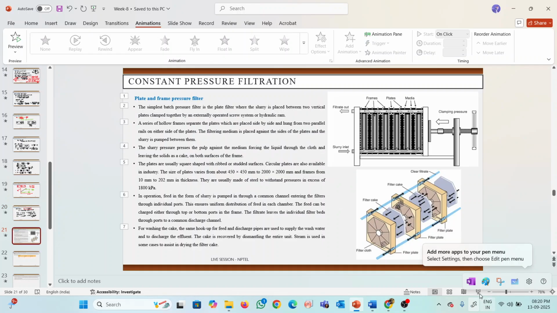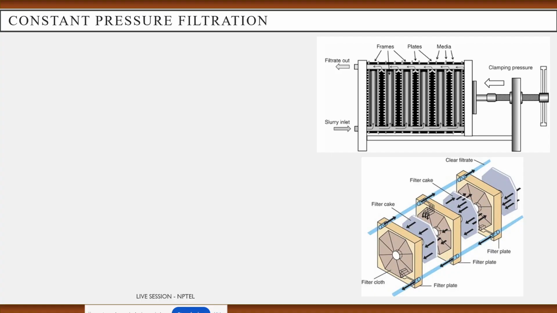Now we are going to define the filtration equipment for the constant filtration process. You can see this is the picture of a plate and frame pressure filter. These frames are interconnected, and the slurry inlet and filtrate outlet go here.